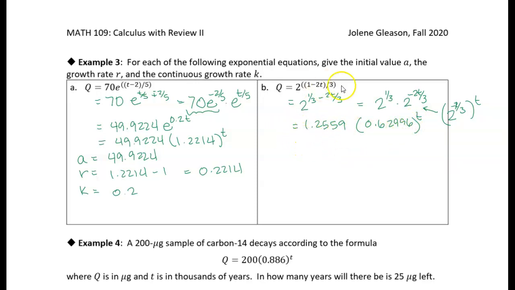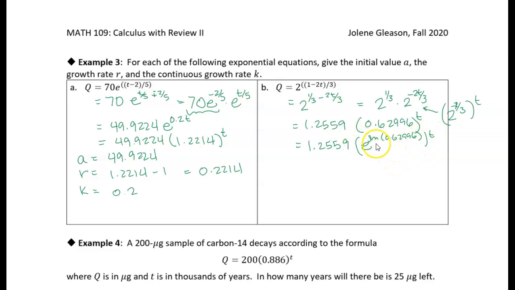Now, because I know we're going to be asked for k, let's also put that in e to the kt form. So the a value will be the same, 1.2559, but now I want this to be e to the natural log of 0.62996, and all of that to the t.